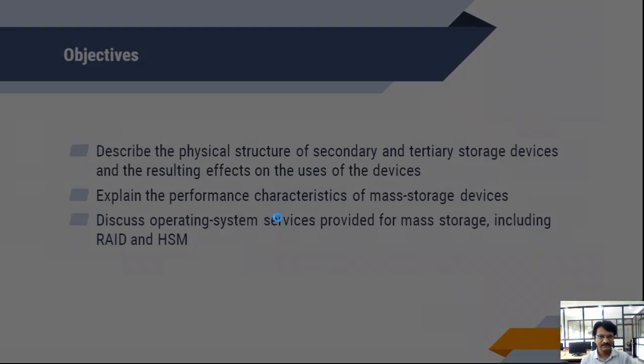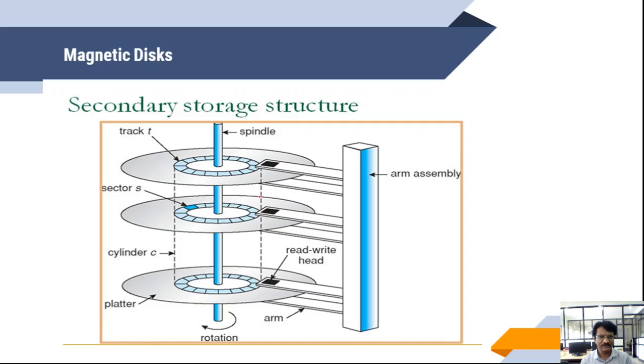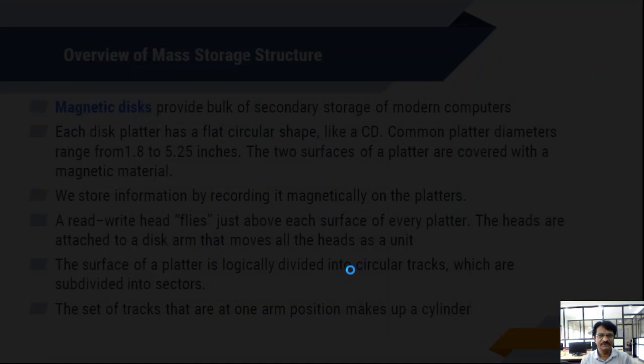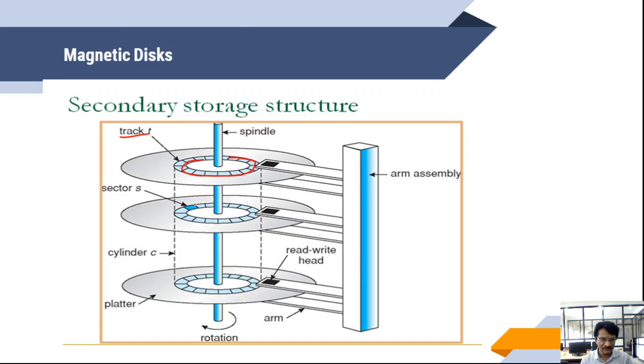The surface of the platter is logically divided into circular tracks. These are circular tracks, and that is a track. These circular tracks are subdivided into sectors. This is one sector. This is a track and this is a sector on the platter.